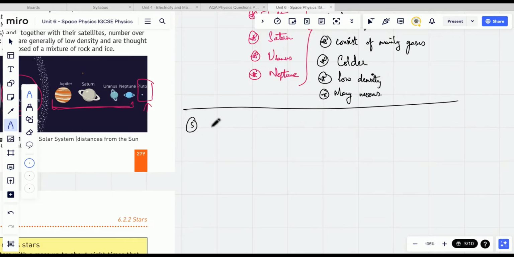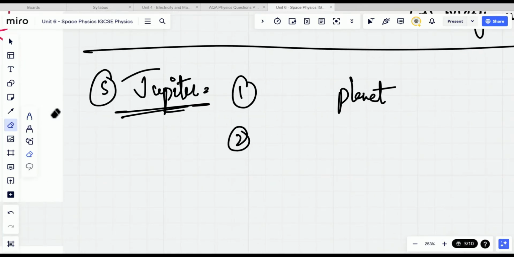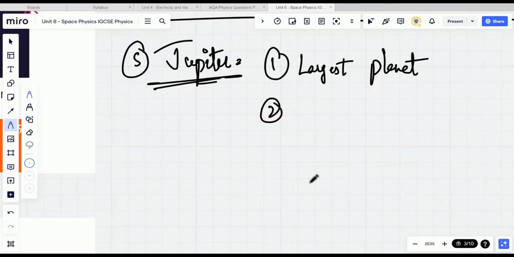Jupiter was the fifth one. All right, so what do we know about Jupiter? This is the largest planet in our solar system. What is the second point that we know about Jupiter? Yeah, it has the most moons. But we need something else for this. It has a very strong magnetic field.